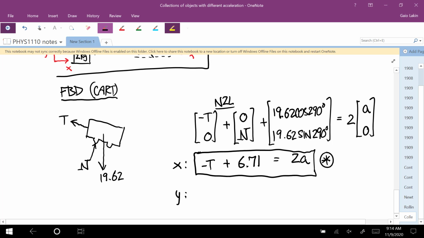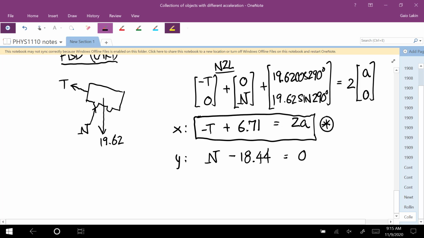This thing being on an incline, our equation says N plus 19.62 times the sine of 290. So that's minus 18.44 is equal to 0.